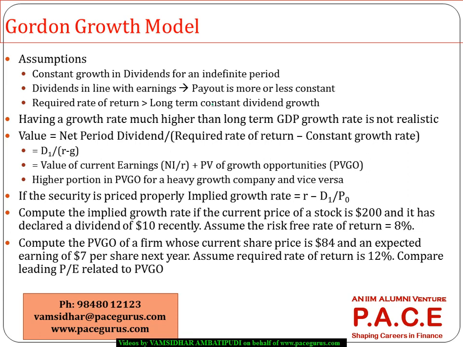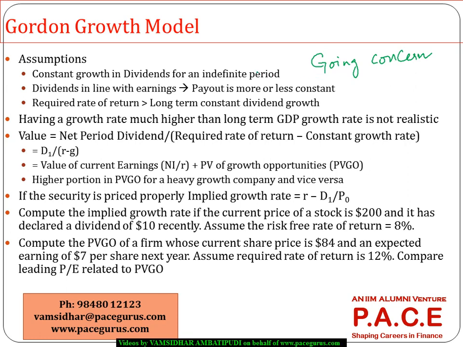Now we are moving on from selling off the share at the end of 1 year or 2 years to holding the share for an indefinite period, assuming that the company is operating as a going concern. So as long as the company exists, the shares also exist, and we are not trying to sell off our shares in the middle, right?